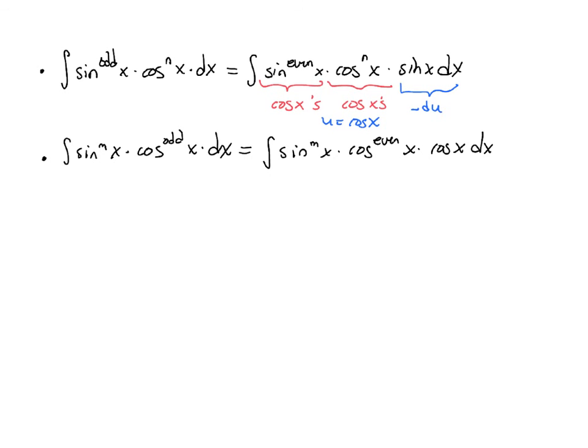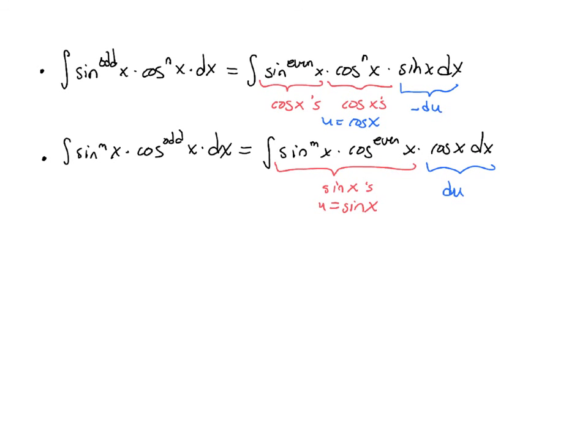You'll rewrite all of this in terms of sine x. That'll be your u value, and then over here this will be your du, with no need for worrying about the sign.